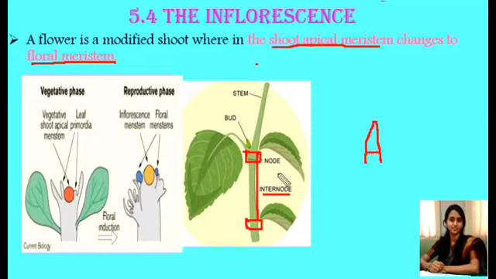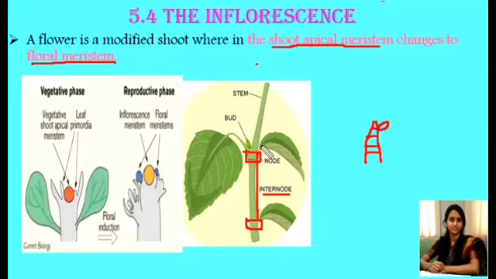At the time of formation of floral meristem, the internode elongation does not take place, hence the distance between 2 nodes is reduced. The next node is formed here, and the next node here, and the next here. In general, the apex produces different floral appendages at the successive nodes.